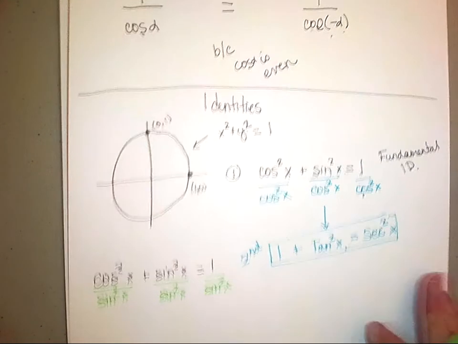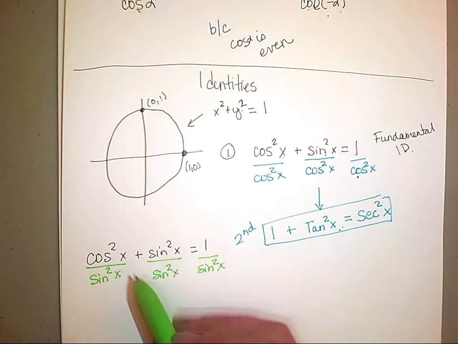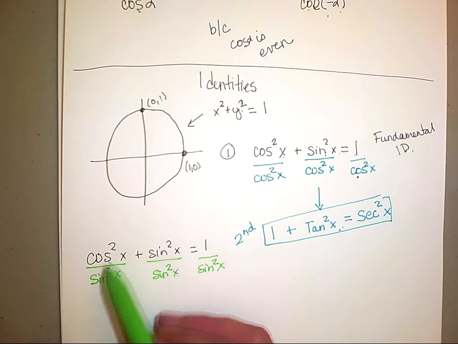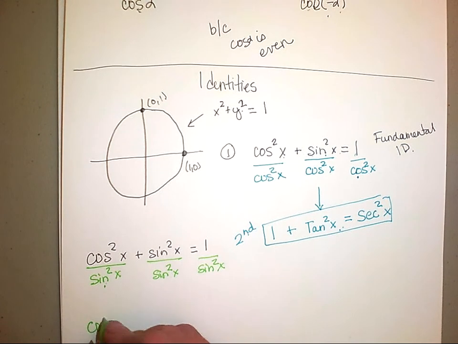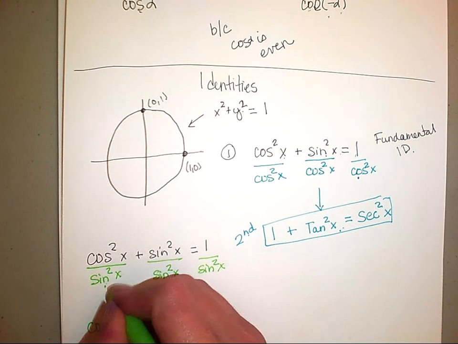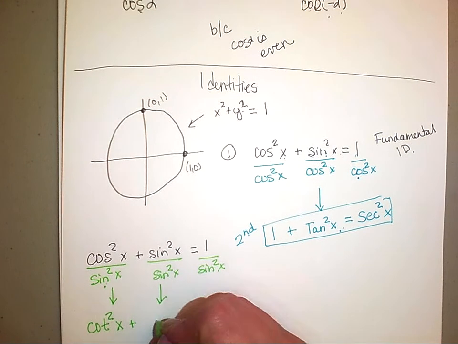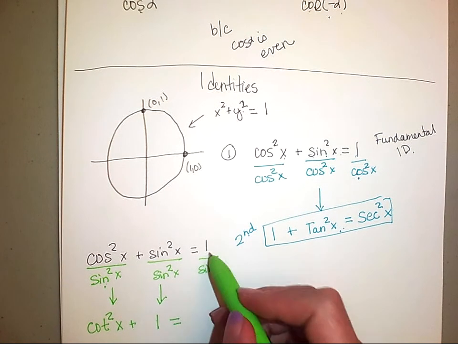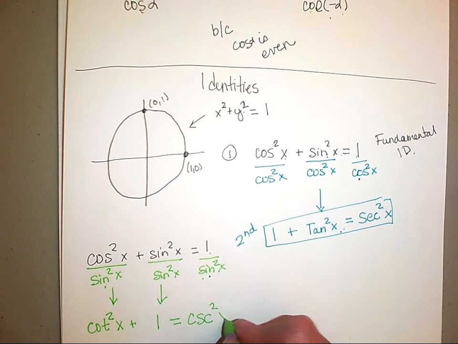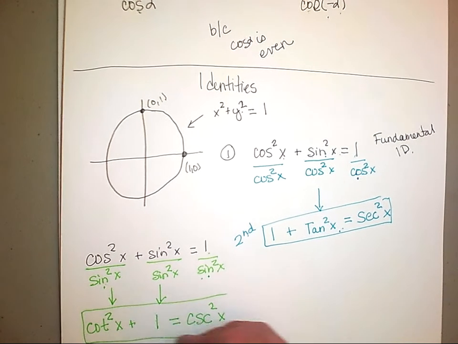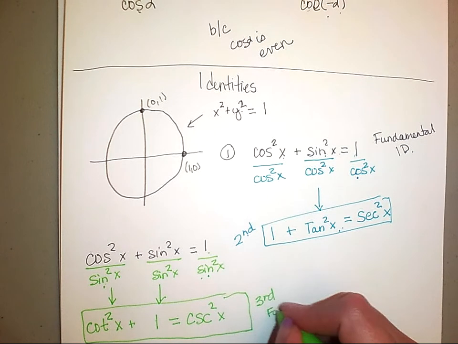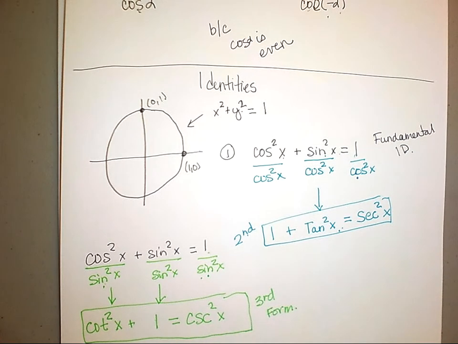When we do that, now instead of sine over cosine, we have cosine over sine, which is cotangent, and then we square it of x. Sine squared over sine squared is 1, and 1 over sine squared is cosecant squared of x. So this is our third form. And that will be helpful for us in the future.